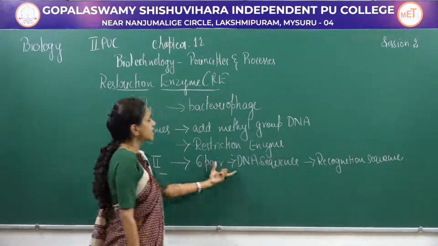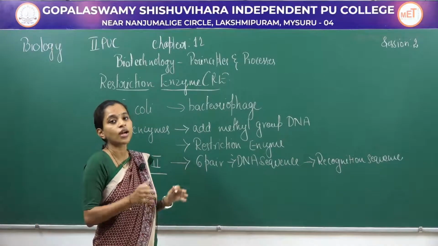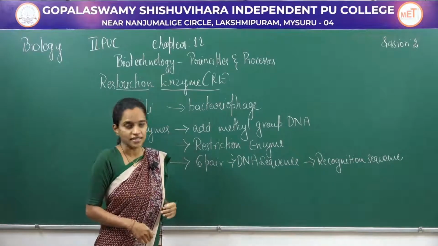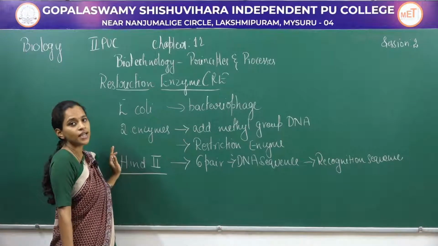These 6 pairs of DNA sequence were identified or isolated, but it was characterized only after 5 years. So that is about the first discovered restriction enzyme.